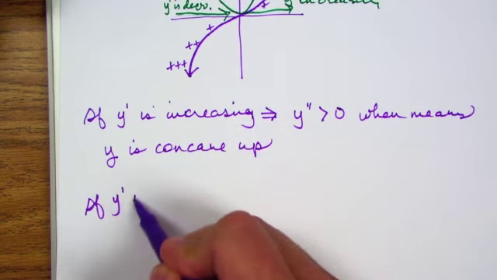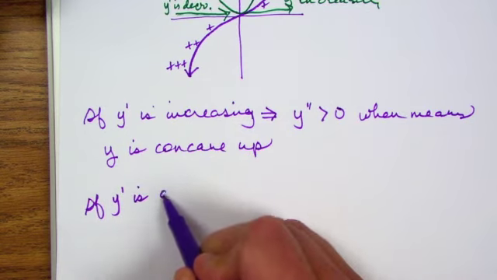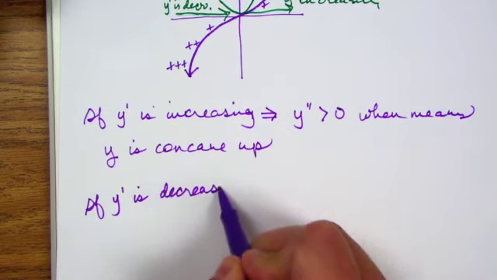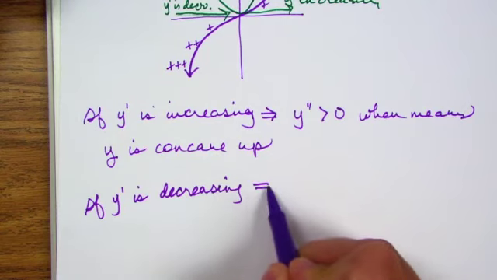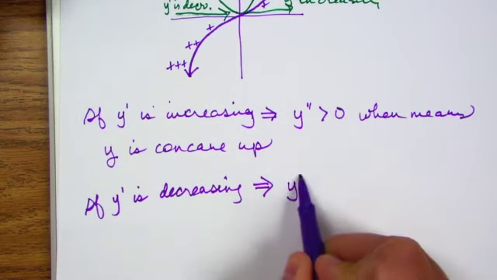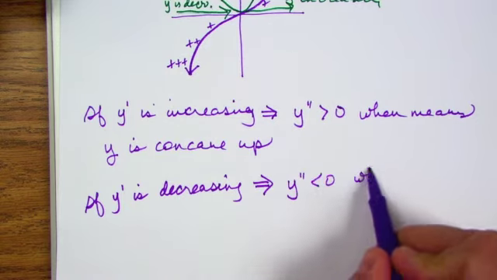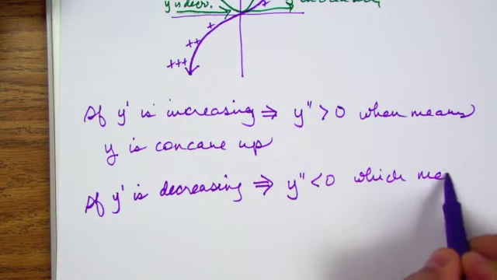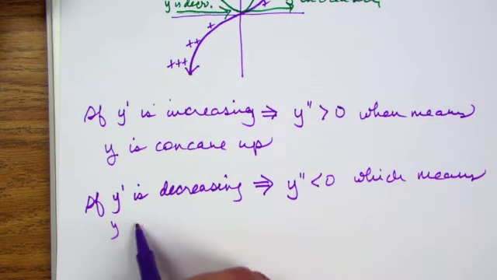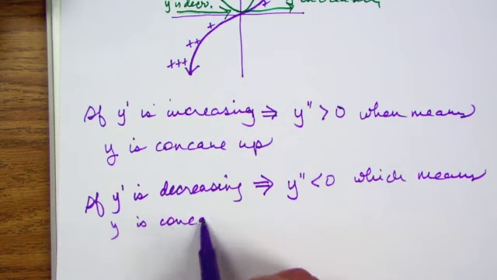Similarly, if y prime is decreasing, I know that y double prime is less than 0, which means y is concave down.